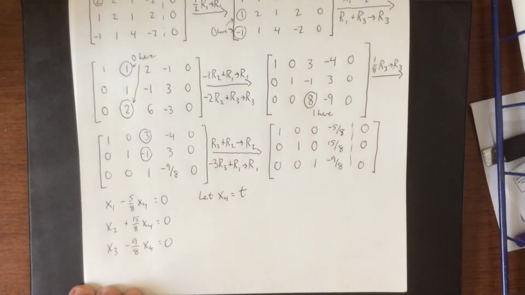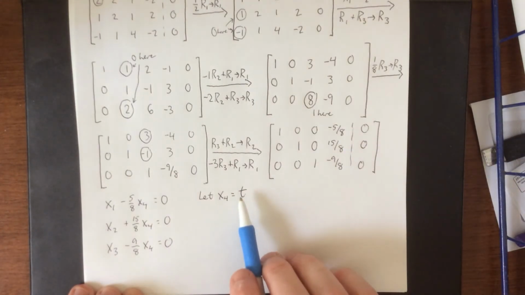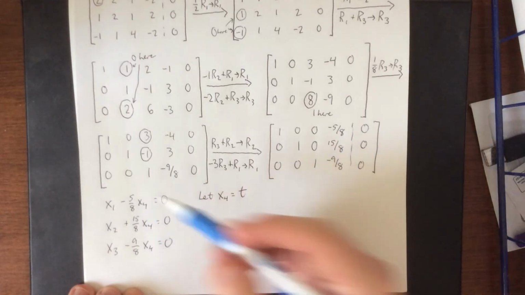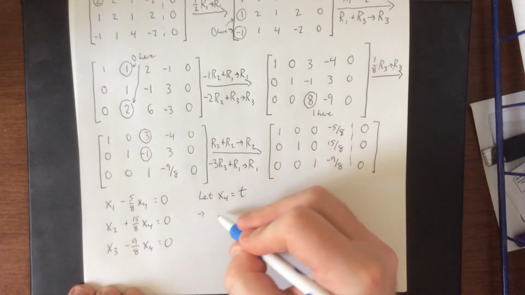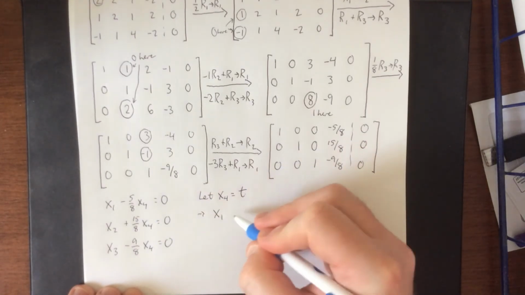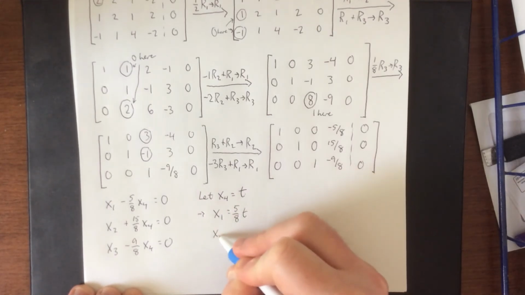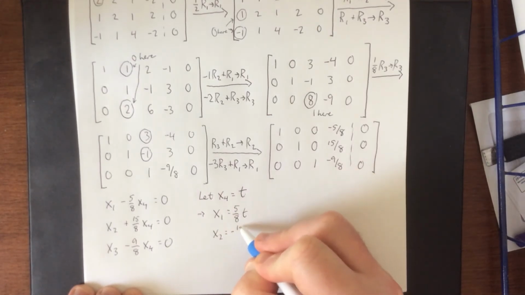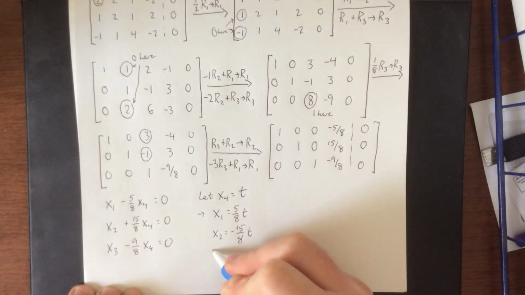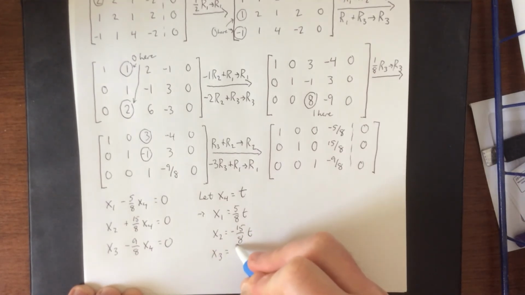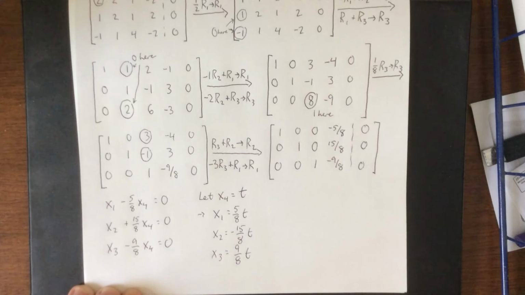If you wanted to go for a slightly more advanced technique, you could also refer to it as 8t to get rid of the fractions. Solving these equations in terms of t will now give us x1 is equal to 5/8 t, x2 will be equal to negative 15/8 t, and x3 will be equal to positive 9/8 t.